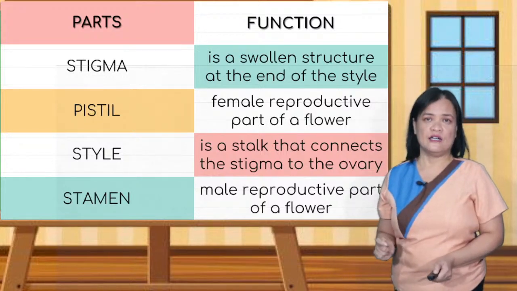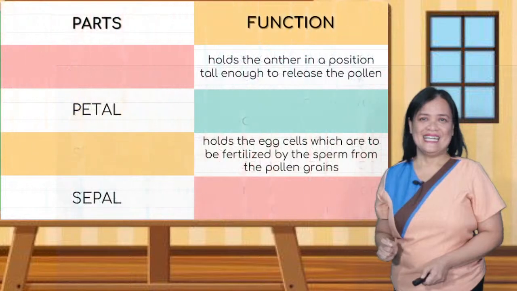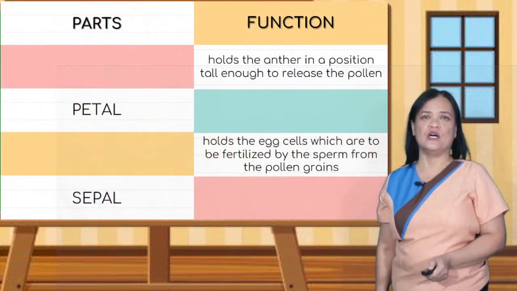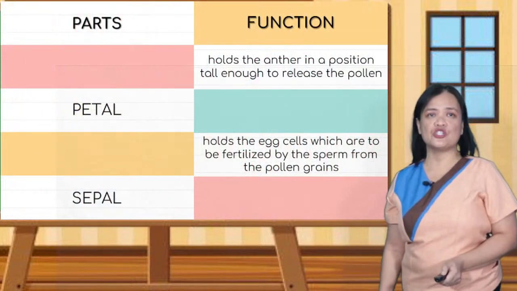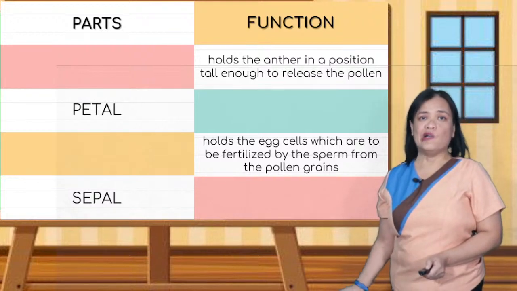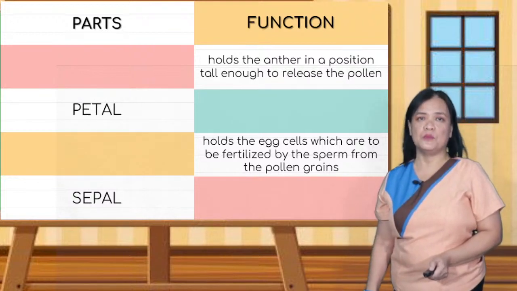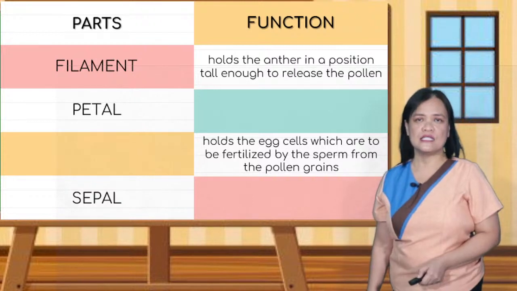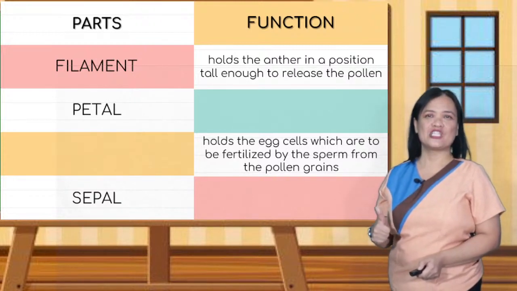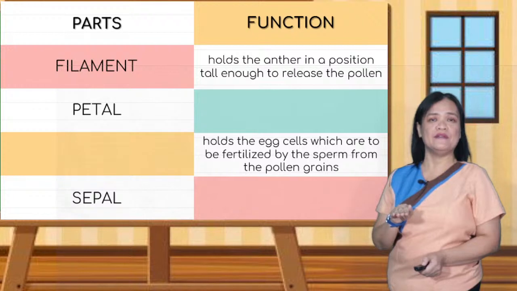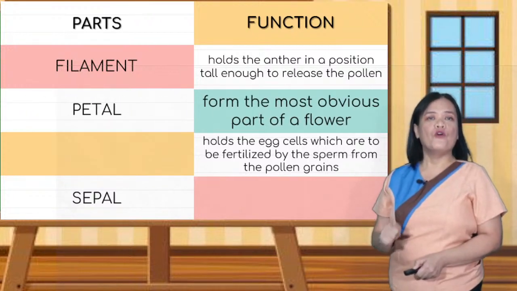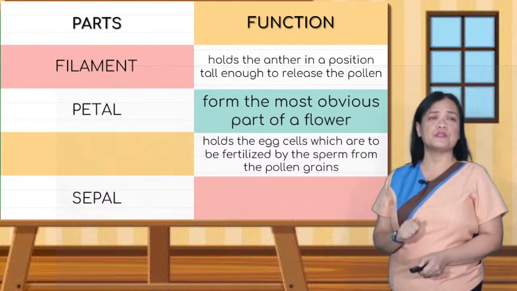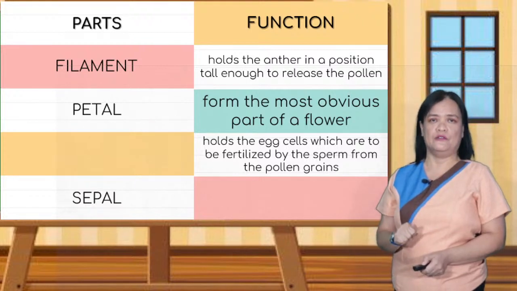So check it now. I know you got it right. Next one, it holds the anther in a position tall enough to release the pollen. What do you call this? It's a filament. The next one, petal. How do you describe it? The function, form the most obvious part of a flower.